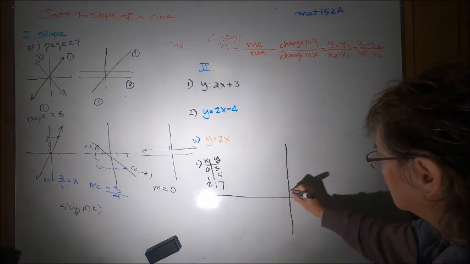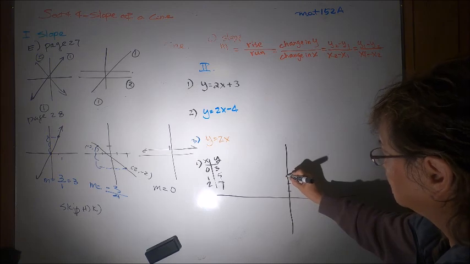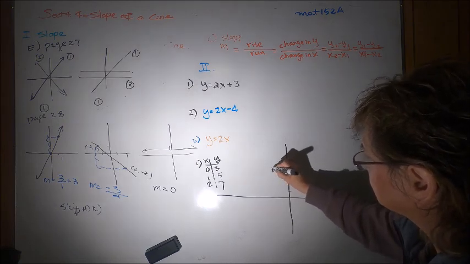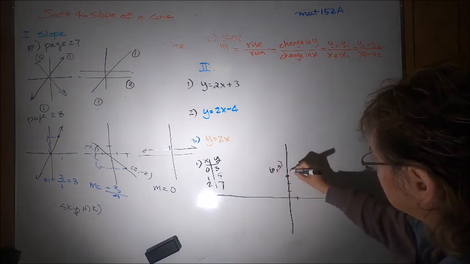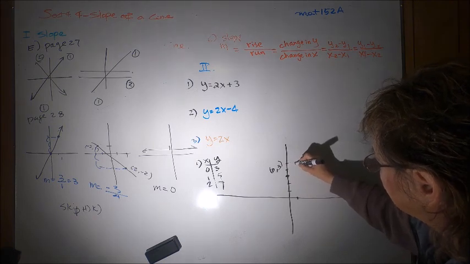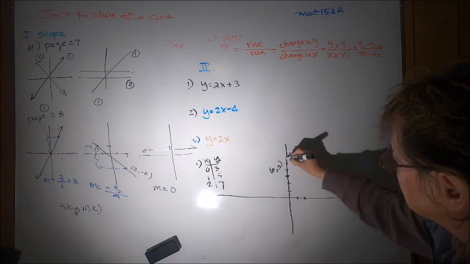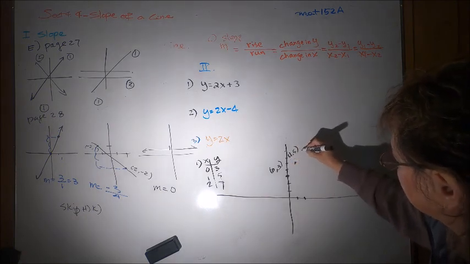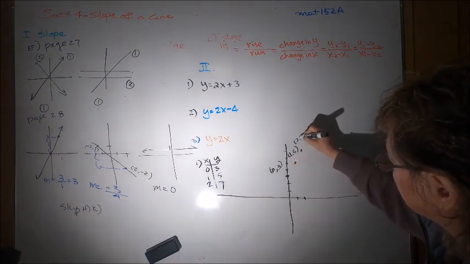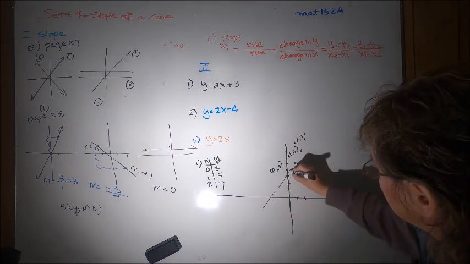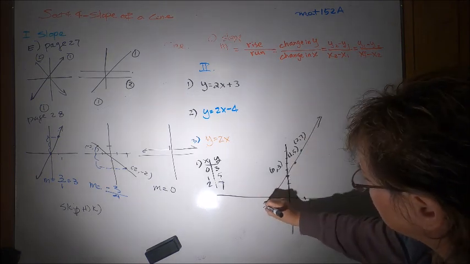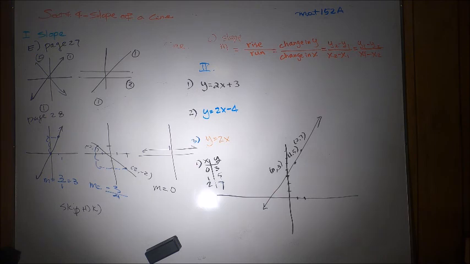So we have (0, 3), and (1, 5), and (2, 7). So that's our first line, right?